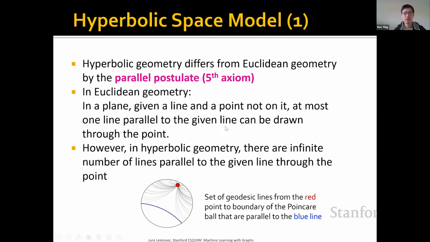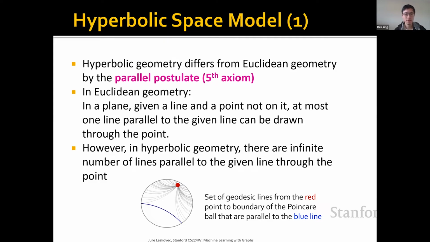This seems very obvious in the Euclidean space. If we have a line, then the line parallel to it is unique if we only consider lines that pass through one point. However, in hyperbolic geometry, there are an infinite number of lines that are parallel to a given line through the point.